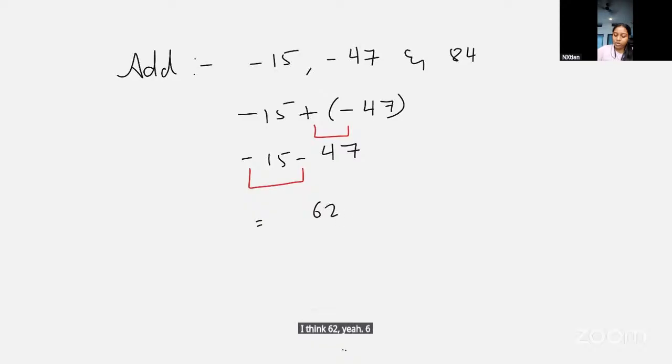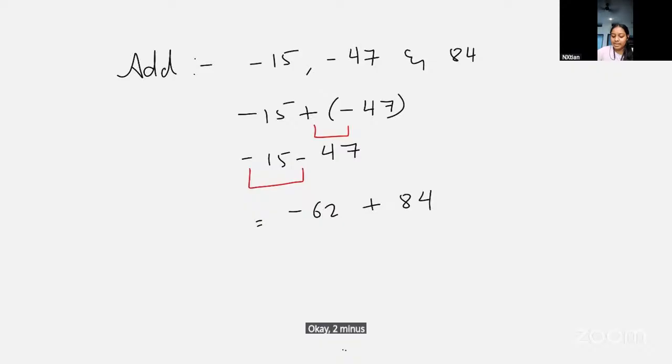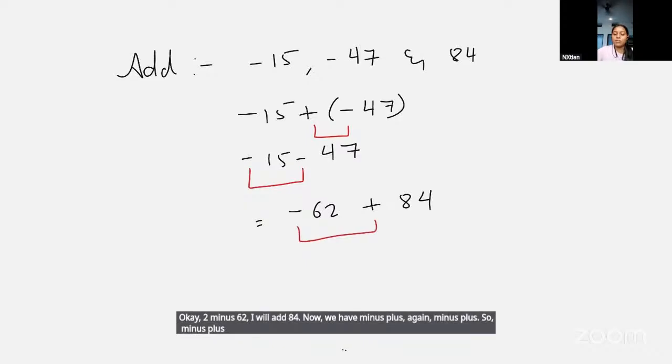Okay, so what happens? Now 47 is negative. So I will just write minus 62, and to minus 62 I will add 84. Now we have minus plus, again minus plus. So minus plus is what? Minus. So I will do 84 minus 62.